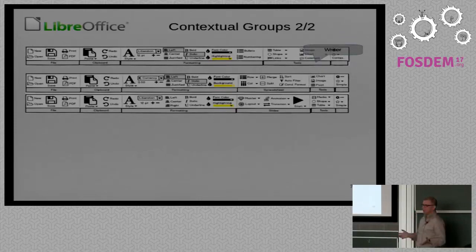Here in Calc and Impress, you also get file, clipboard, and formatting, with slightly different features or properties, but the same functionality behind it. And again, the rightmost part is reserved for things that you contextually change.